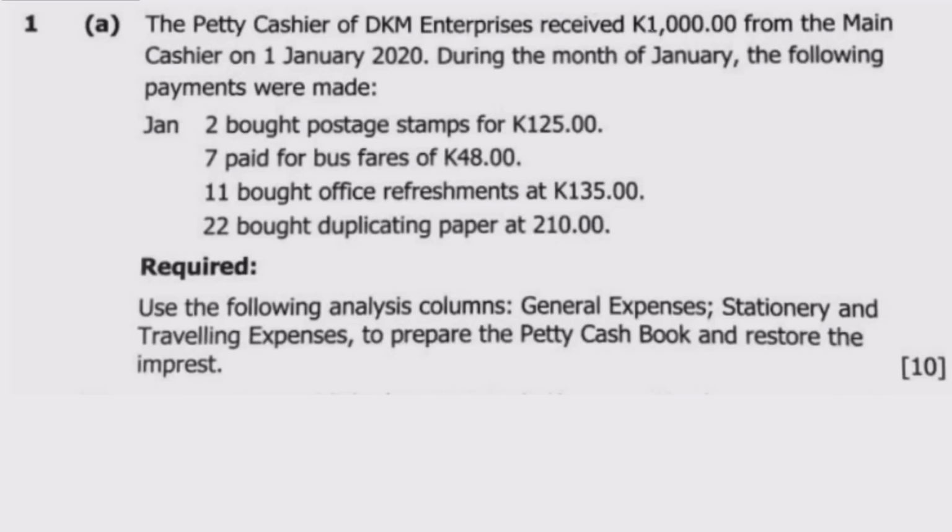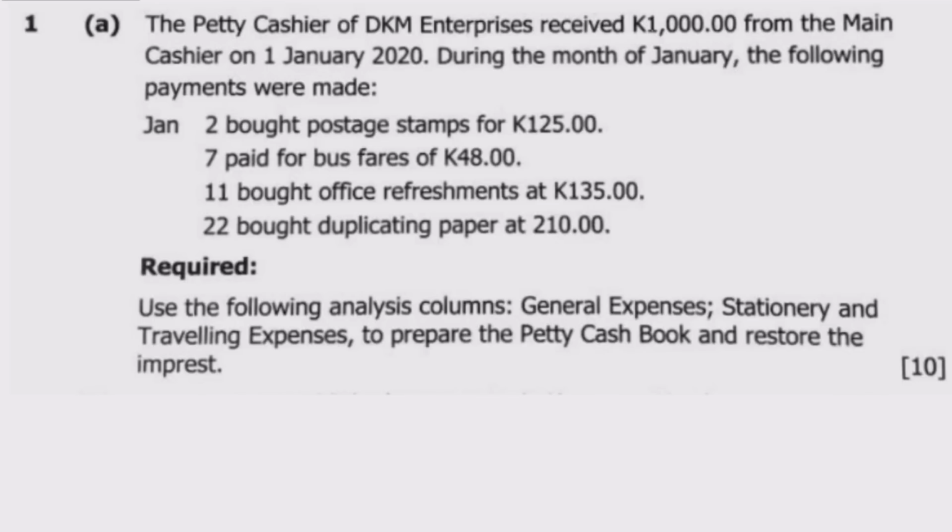The petty cashier of DKM Enterprise received 1,000 kwacha from the main cashier on 1st January 2020. During the month of January, the following payments were made. On 2nd January, bought postage stamps for 125 kwacha.